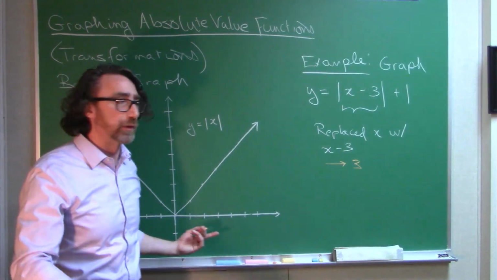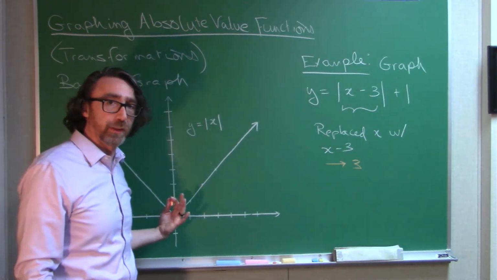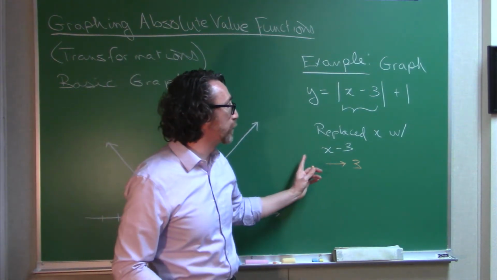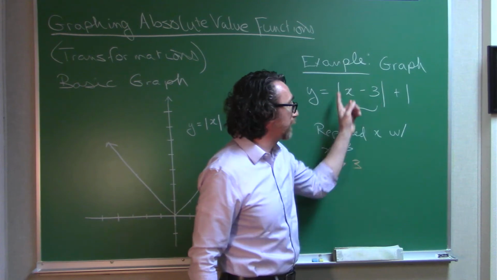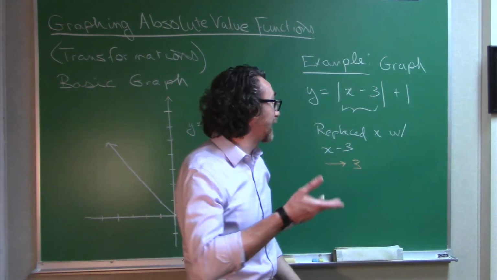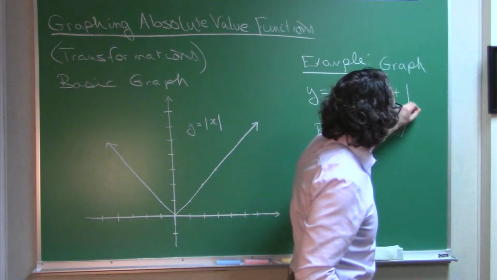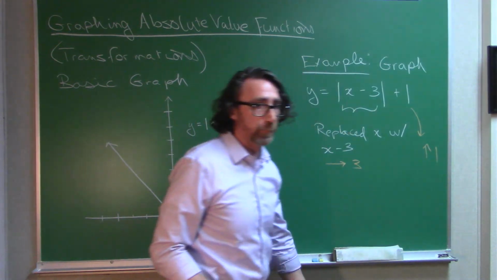That's the x-coordinates. So you mess with the inputs, that's going to change the graph horizontally. In this case, it's going to move you to the right 3 units. And now here, you take the absolute value and then you add to that. So now you're messing with the output. So this is going to move you up 1 unit.